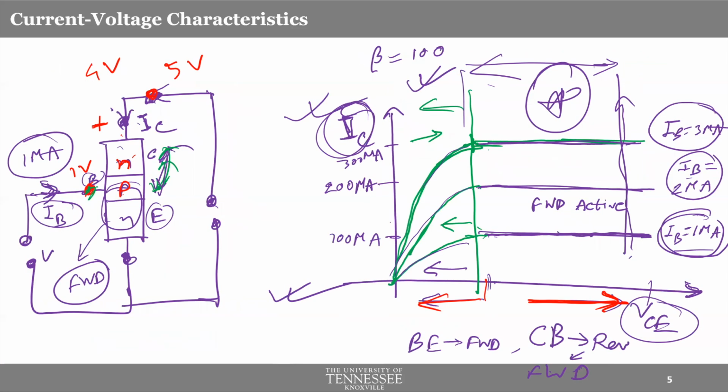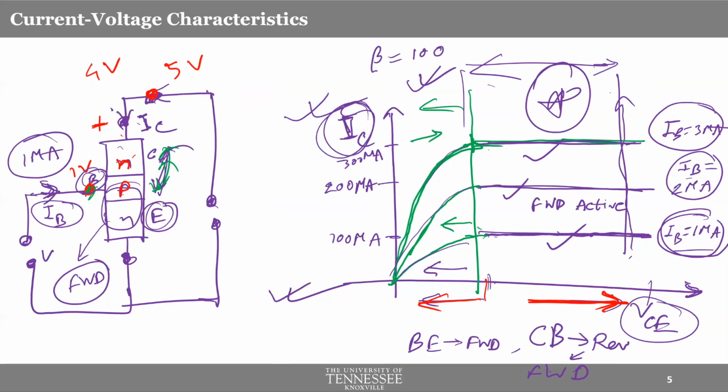Now, a very simple scenario would be, what if your, so far we have been assuming our base emitter junction is somehow magically forward biased. If that is the scenario, then these graphs are all valid.